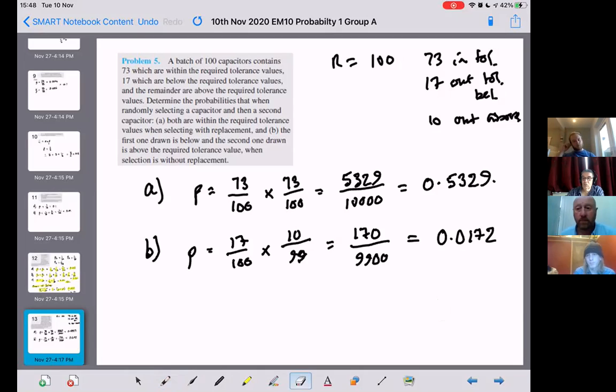So that's with replacement and without replacement. All right, everybody happy with that? Good.